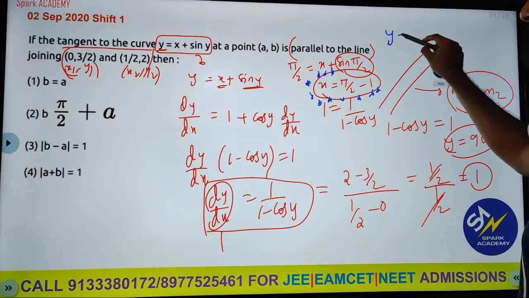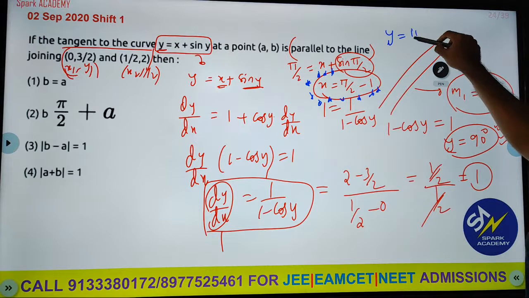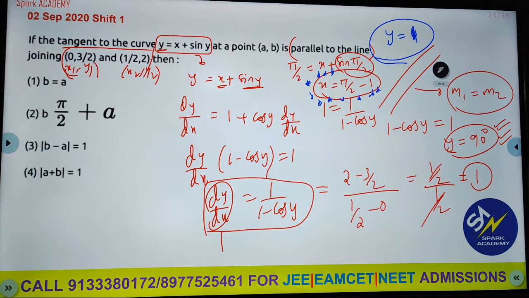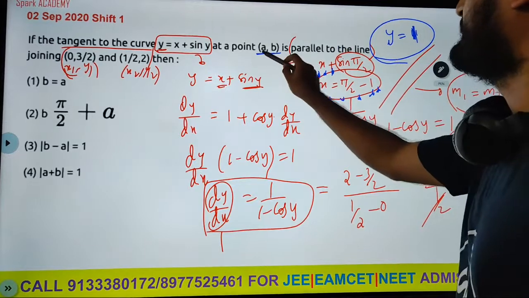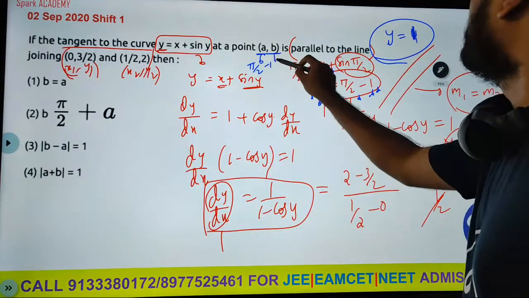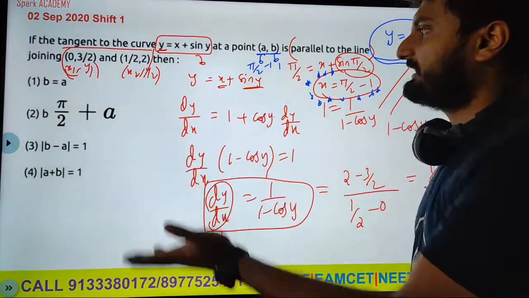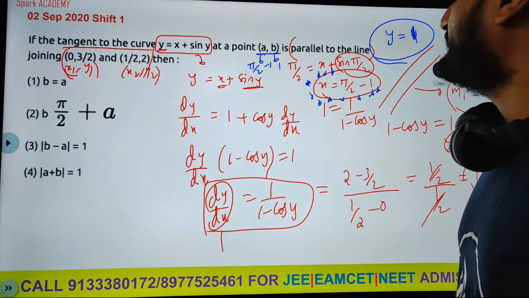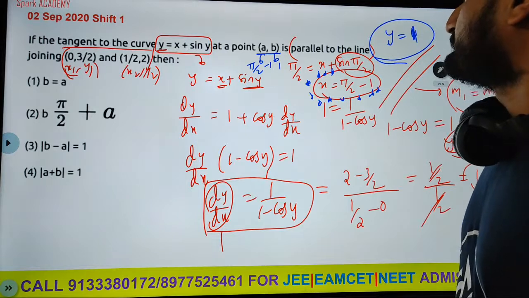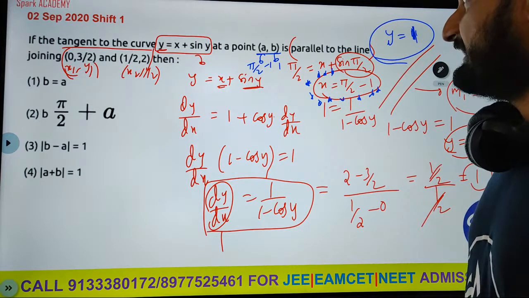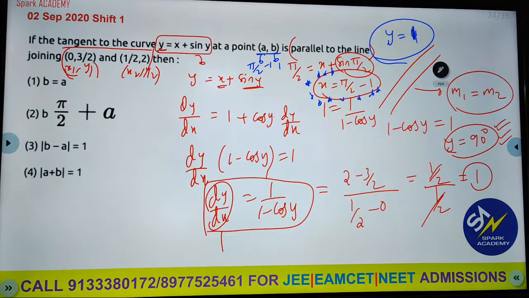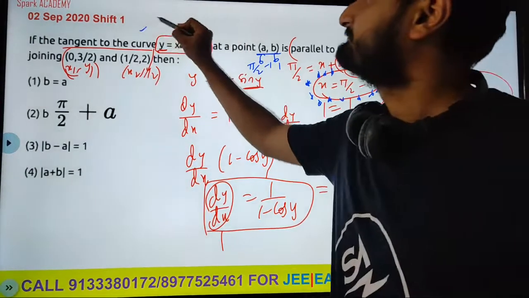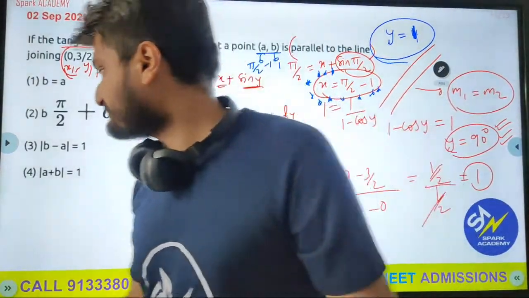We know y, which is nothing but pi by 2. So we got our point of contact A comma B. A is pi by 2 minus 1, B is pi by 2. Now you can just verify options. I think you'll get the final answer. Yeah, so this is how you do the tangent based, equation based questions.